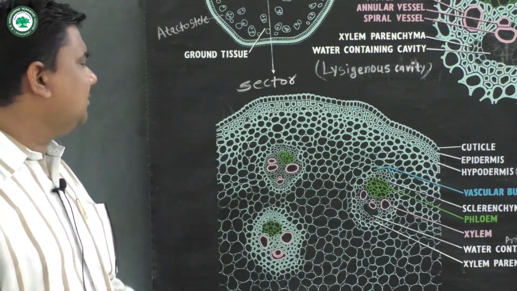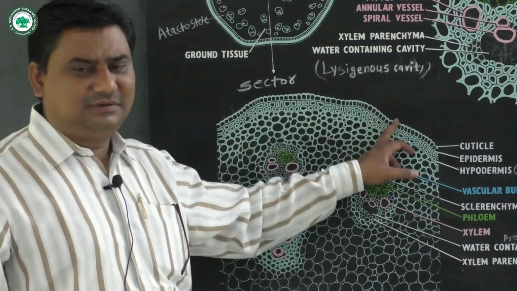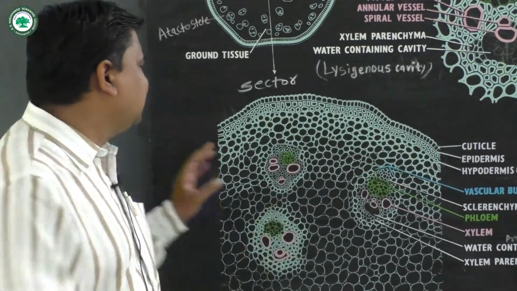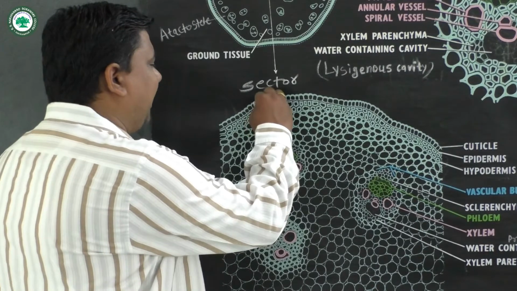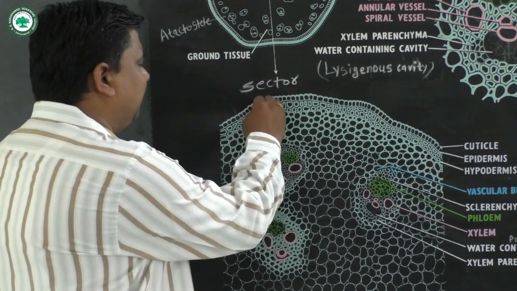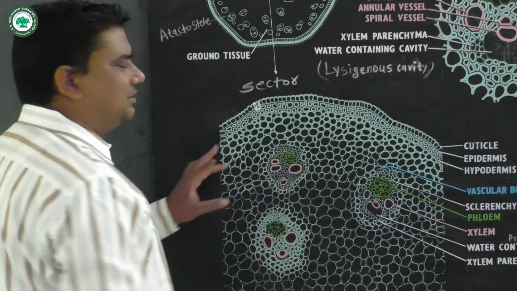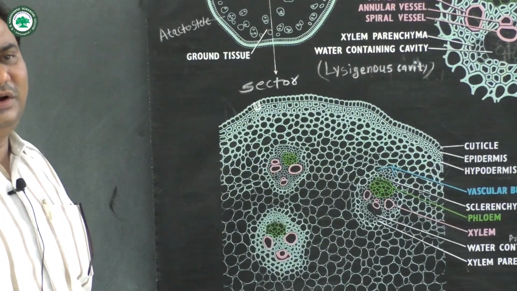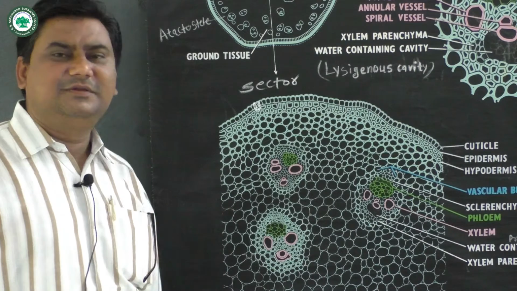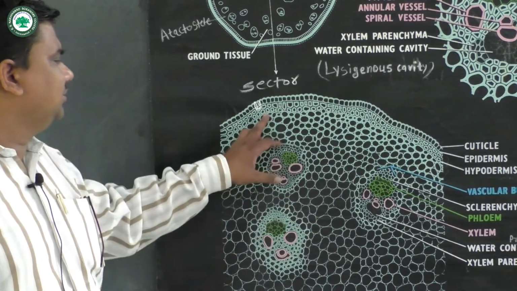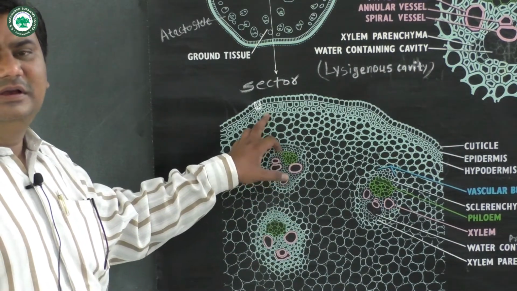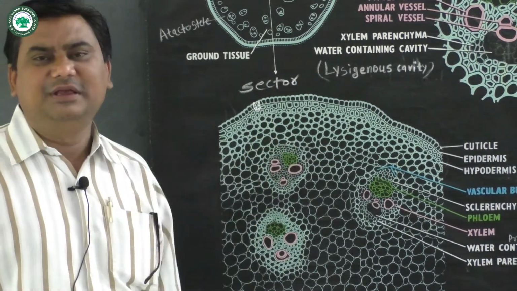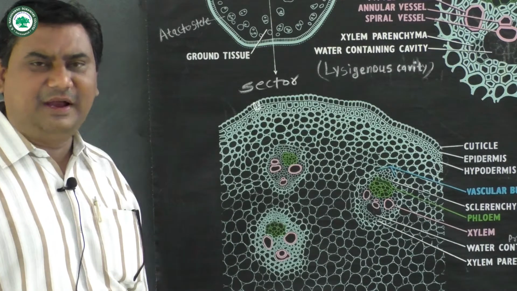Here the stomata are not mentioned, but on a young stem stomata develop on the epidermis. What is the function of stomata? Exchange of gases takes place, and transpiration takes place with the help of the stomata.